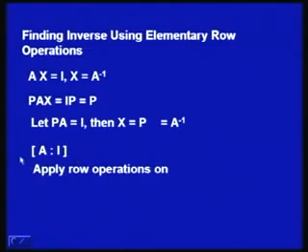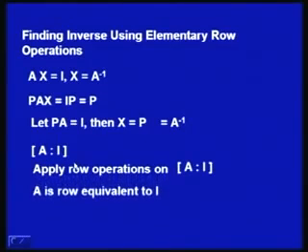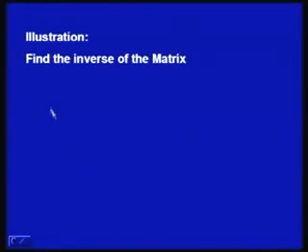Now we apply row operations on A, and we try to reduce A into the identity matrix, and the same operations are applied on I, and by the time A is transformed into I, I will be transformed into A inverse. So A inverse becomes P.